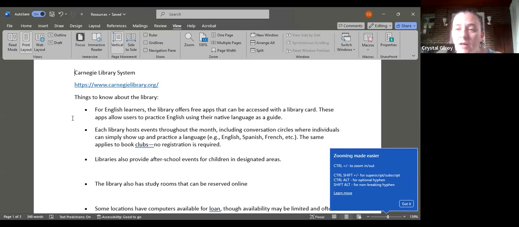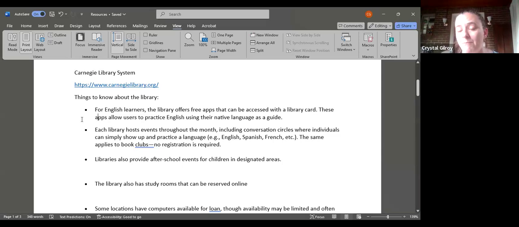They can help them learn how to use the system there and how to use the computers if they need help with that. But they have English language apps that will help them practice using English. So this is even an ELL resource outside of other paid services. So these would be services that would be used for free.